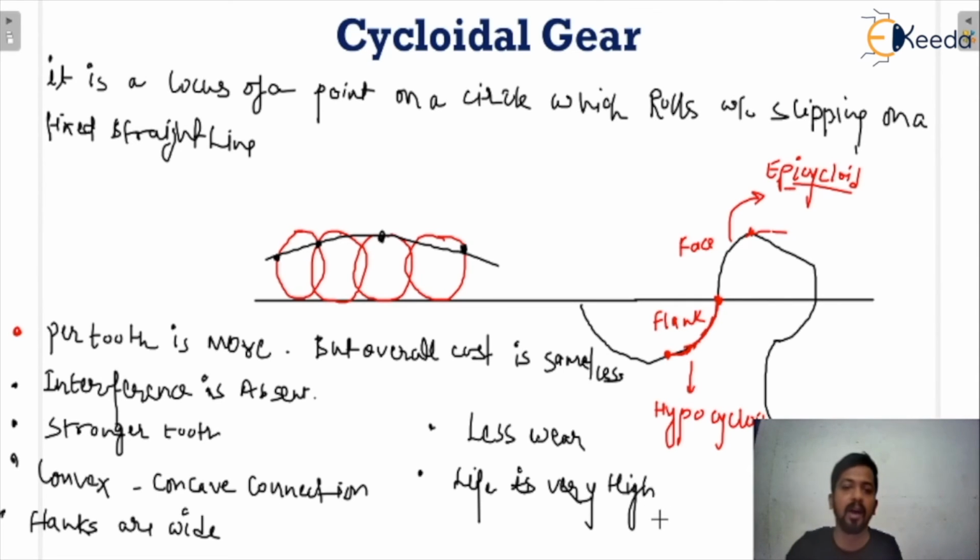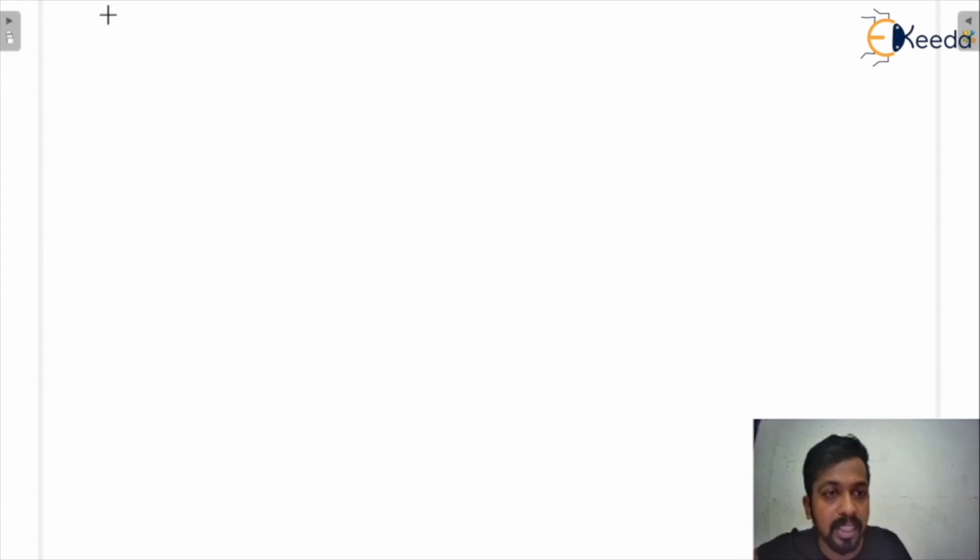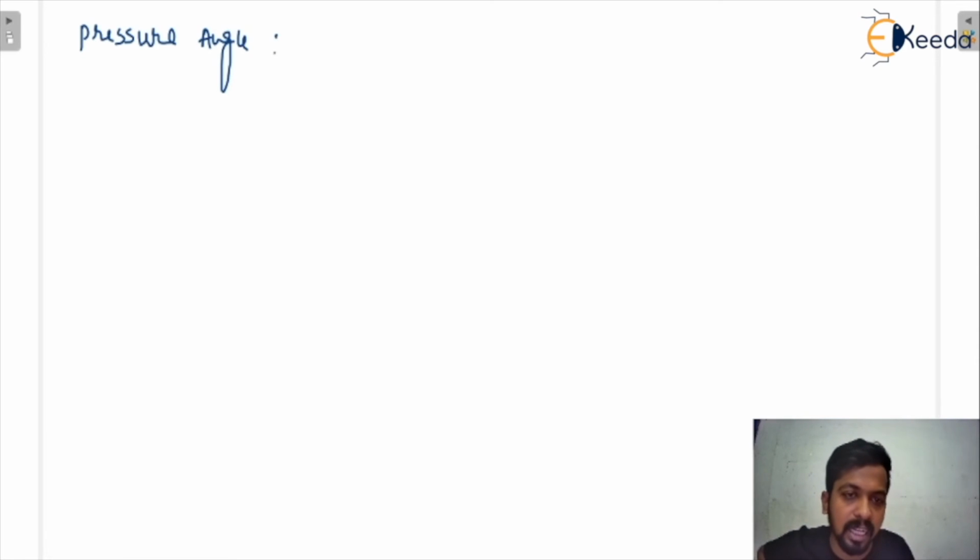Now if I talk about the pressure angle for the cycloidal gear: in case of involute profile, pressure angle is constant. Yes or no? Pressure angle remains constant in case of the involute profile of the gear. But in case of cycloidal gear, pressure angle is changing.